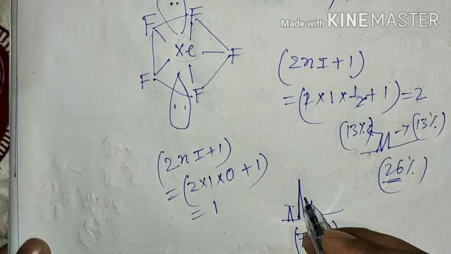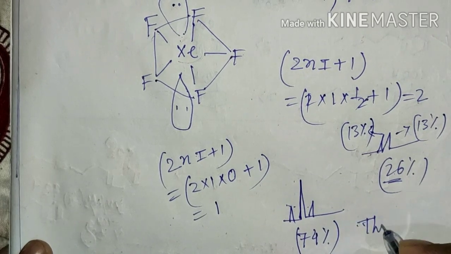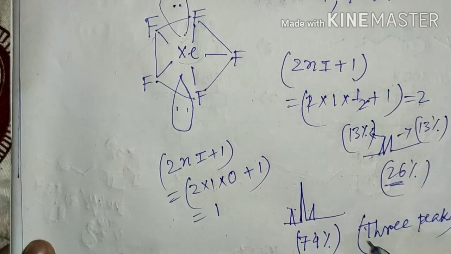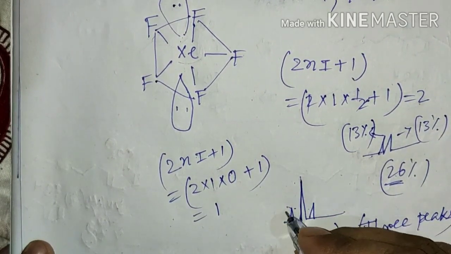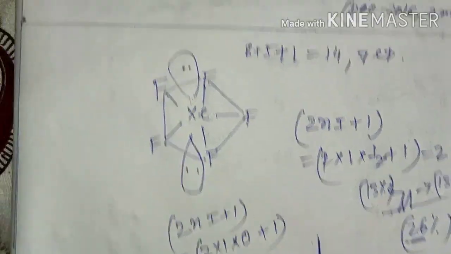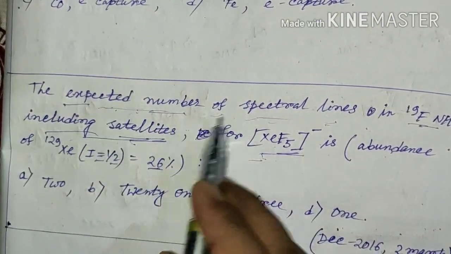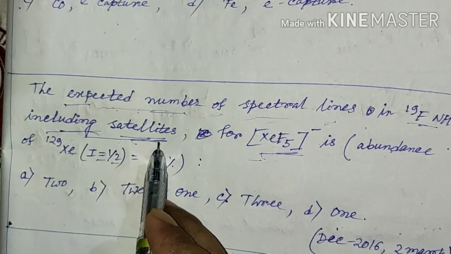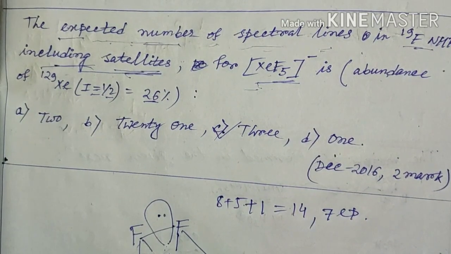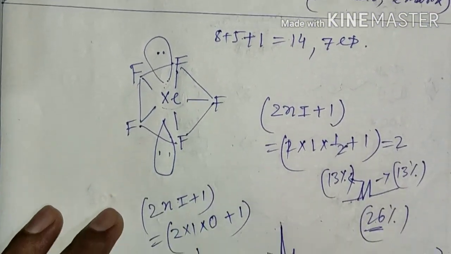That means in the fluorine NMR there will be a total of 3 peaks. There will be one major singlet peak associated with this doublet of satellite peaks, and we have to tell the expected number of spectral peaks including satellite peaks. That means the total number of peaks is 3. Is it clear? Now let's see the next question.